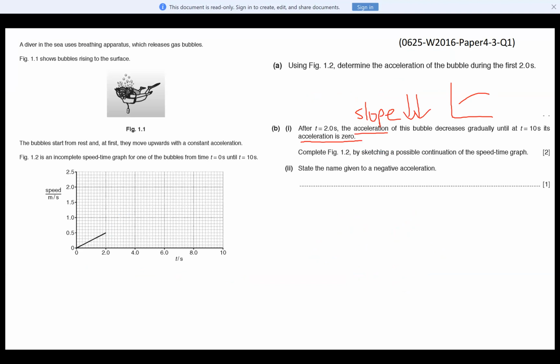So we want at 10, the slope to be a horizontal line in a sense. So it needs to sort of plateau. We say this is a plateau where the acceleration decreases until it reaches zero and the slope is zero. So the line is horizontal. So the graph is going to look something like this. Let's look at the answer now.